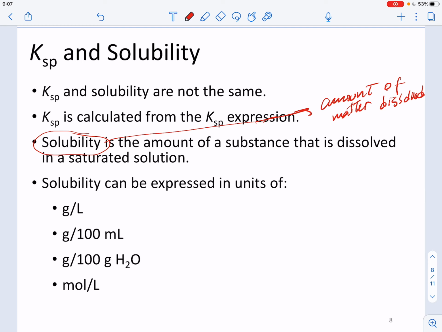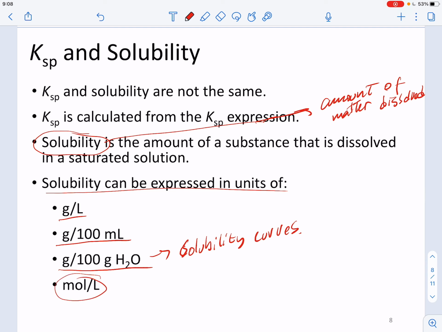We can express this as grams per liter, grams per 100 milliliters, grams per 100 grams. This is what we were using in solubility curves. Or we can use moles per liter. Moles per liter is something that you're familiar with already, right? Mole per liter is molarity.